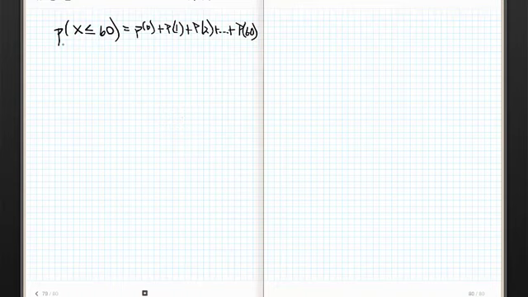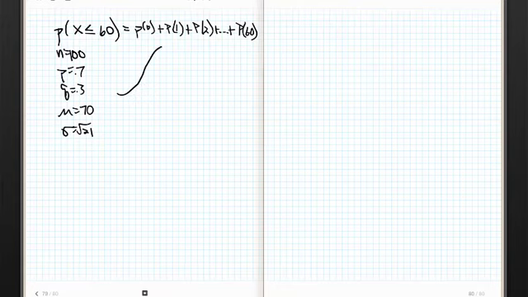All right, so I'm going to rewrite my stuff. I know that n was equal to 100, p was 0.7, q was 0.3, mu was 70, and sigma was the square root of 21. Let's think about this, because we're going to do something a little bit crazy here that might make you nervous.